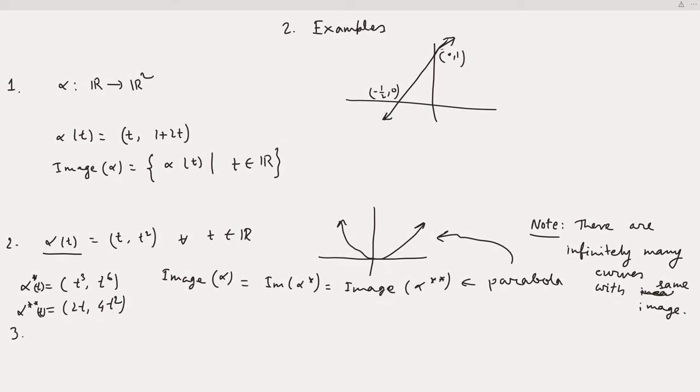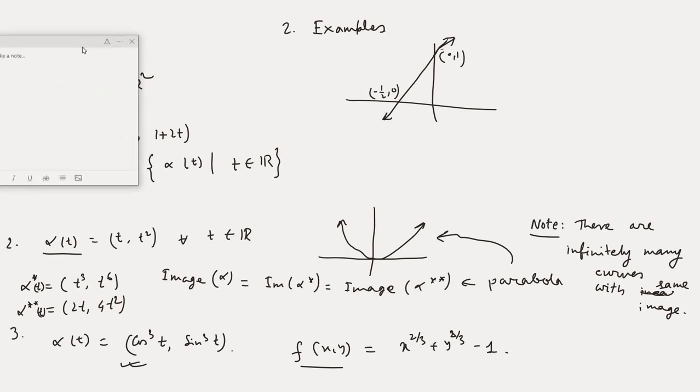Well, here we have the next example: alpha of t equals (cos cubed t, sin cubed t). This is the curve corresponding to the function f of (x, y) equals x to the power 2/3 plus y to the power 2/3 minus 1, that is, the set of all zeros of this function. So that is the parameterized curve alpha in example 3.